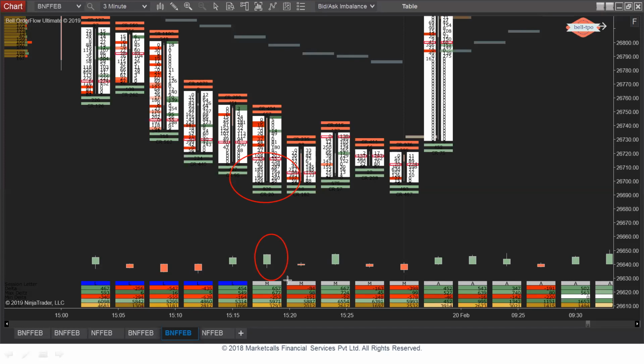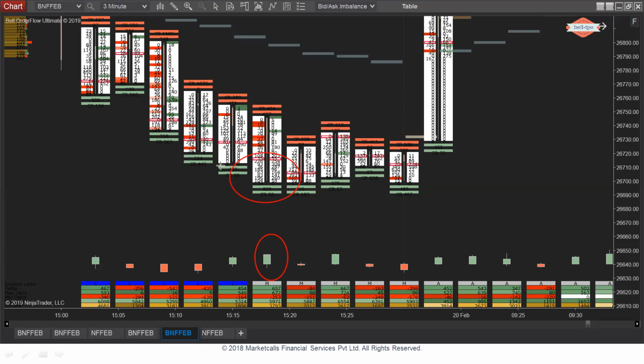Somebody is having a question. Yes, Pradeep. The 22nd at 12:30, where there is a delta divergence. Let me check it out. So this is one delta divergence I'm able to spot.